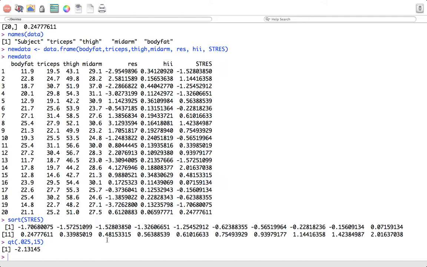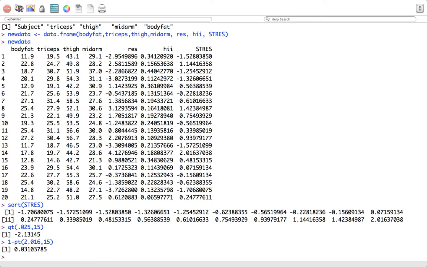I want the area in the upper tail, so I need to go 1 minus PT of 2.016, degrees of freedom 15. Now I need to multiply that by 3, so my p-value turns out to be approximately 0.06.